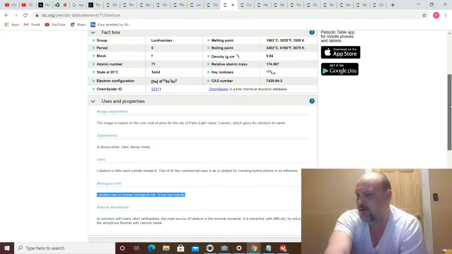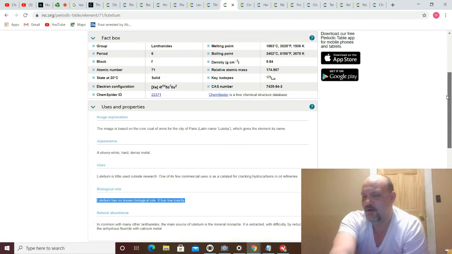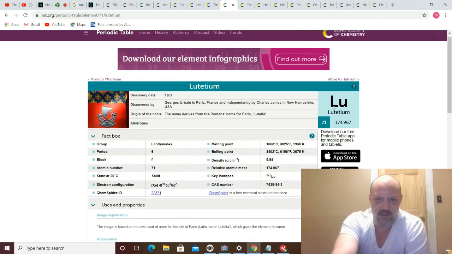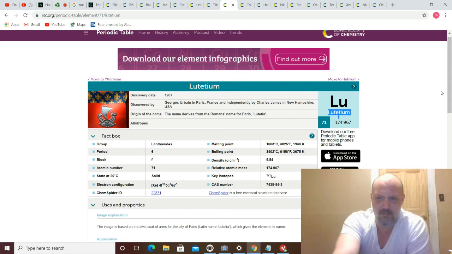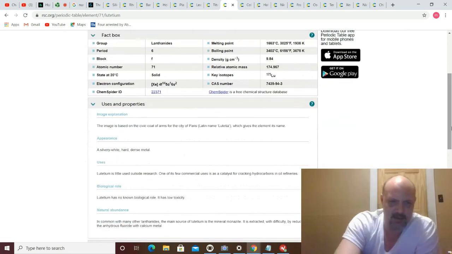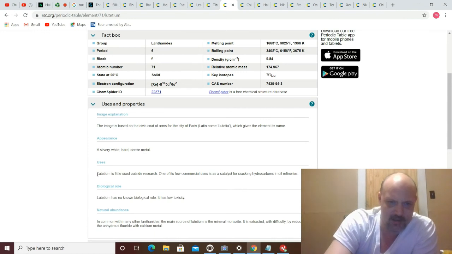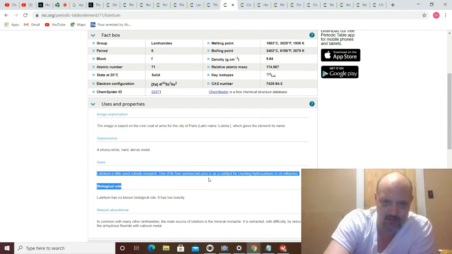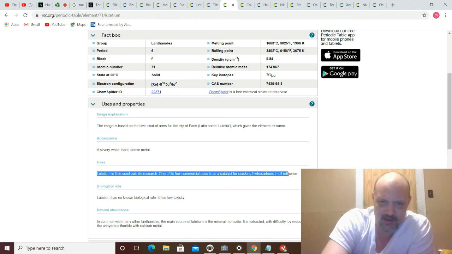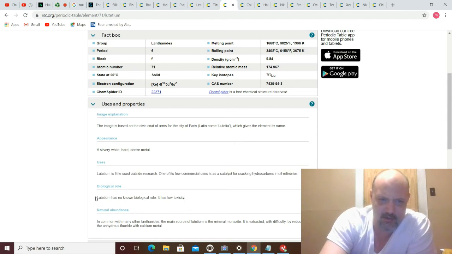We're still going forward here, and we're in the overlap. It's a silvery white, hard, dense metal. It's used little outside research, with a few commercial uses as a catalyst for cracking hydrocarbons in oil refineries. Lutetium has no known biological role and low toxicity.